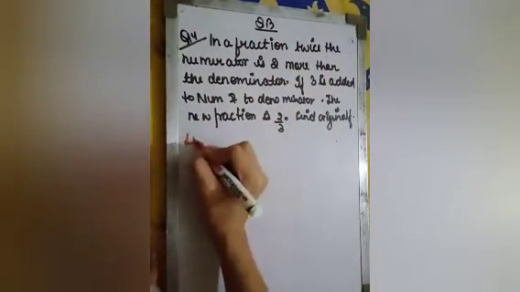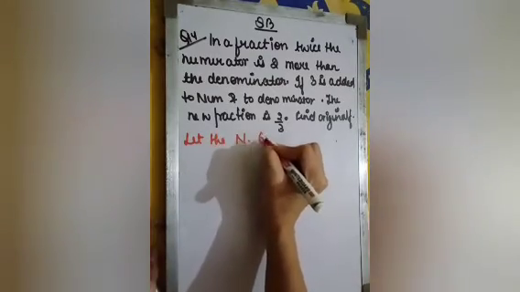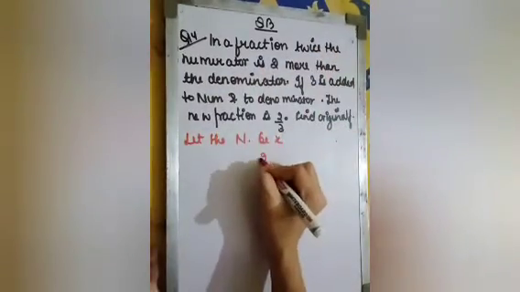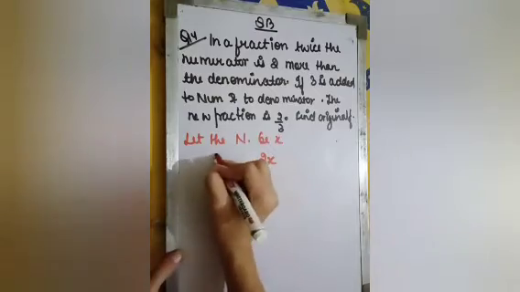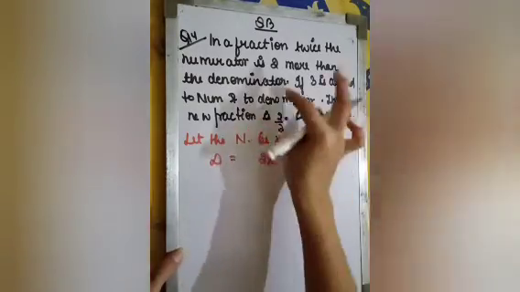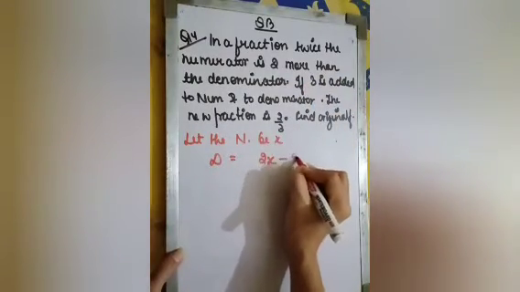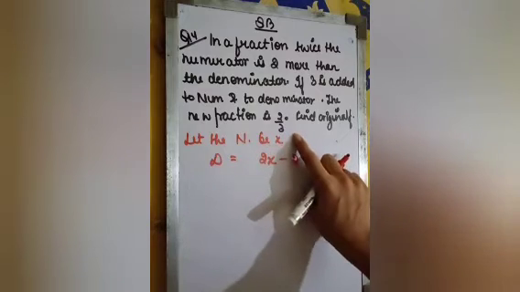So first let the numerator be x. Now twice the numerator, that means 2x. Denominator is 2 more than twice the numerator, so it will be 2x minus 2.